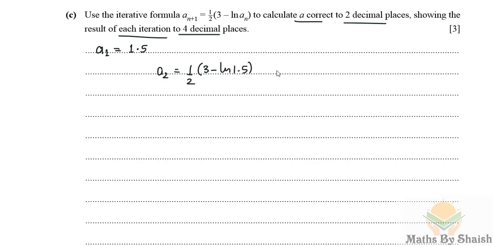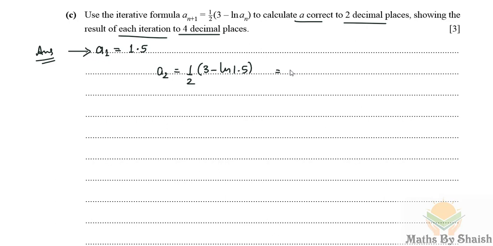Now we are going to use the calculator. We'll store a1 as the answer key, and then we'll calculate 1 by 2 times 3 minus ln of answer, so that we can get the next iteration just by pressing the answer button.